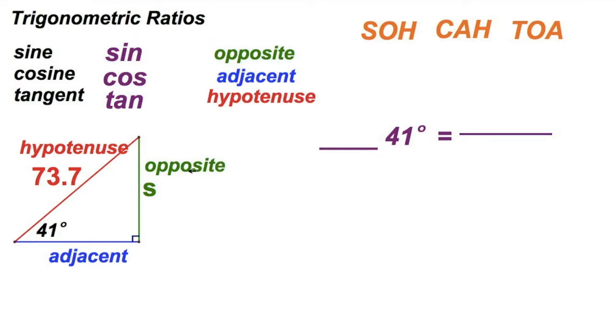And we have a quick look here. We want the opposite. We know the hypotenuse. Opposite, hypotenuse, we're going to use our SOHCAHTOA that we practiced. The O for opposite, H for hypotenuse. That puts the SO in SOHCAHTOA. That's what tells us that we use the sine function.